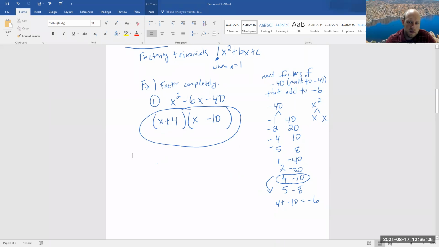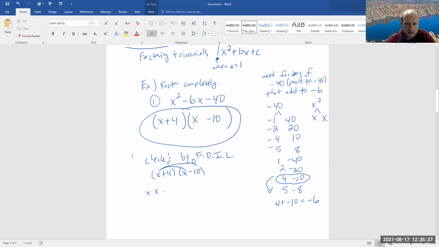And again, we can check this. How do we check? We just FOIL. So we check by FOIL, which is first, outside, inside, last. We multiply the x's, that's our F, so x times x.